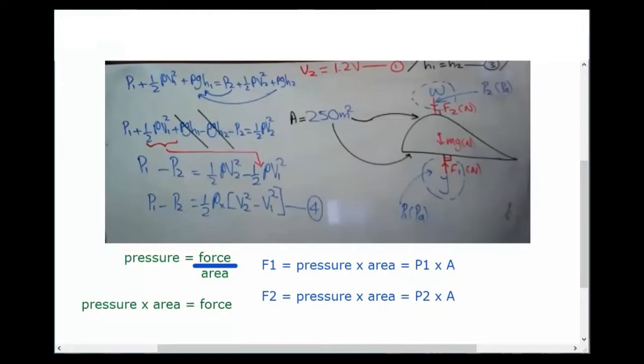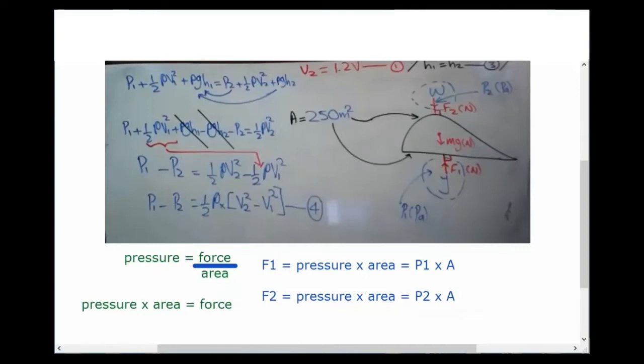How many forces are acting on the aeroplane, dear? Actually, on the wing of the aeroplane. Consider the figure and tell me the number of forces acting on each wing, dear. I have marked them. 3. 3 forces, F1, F2 and mg. Very good.